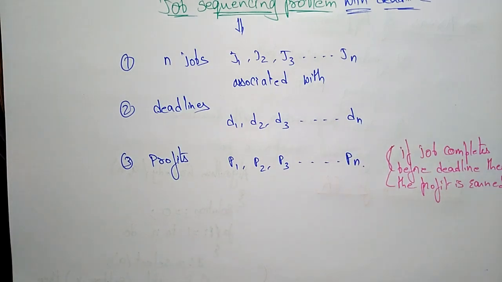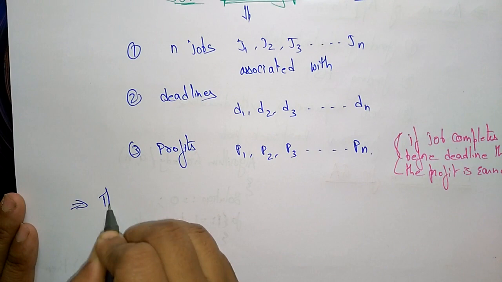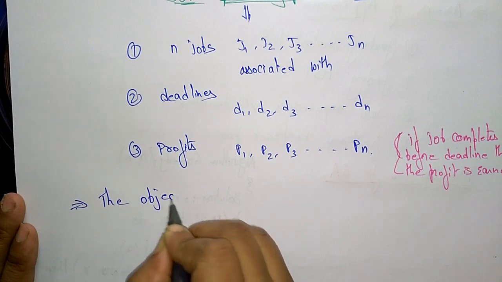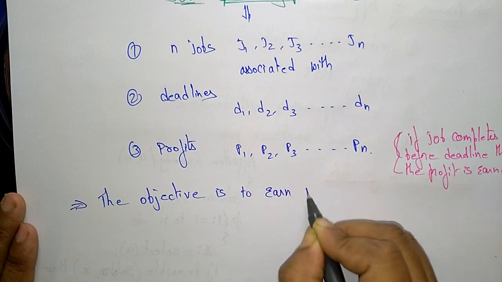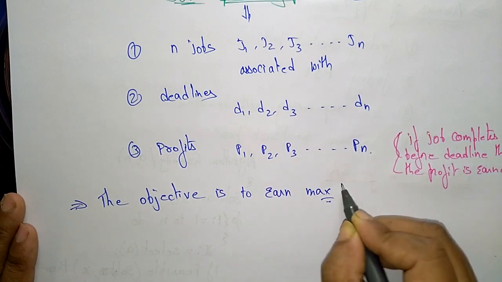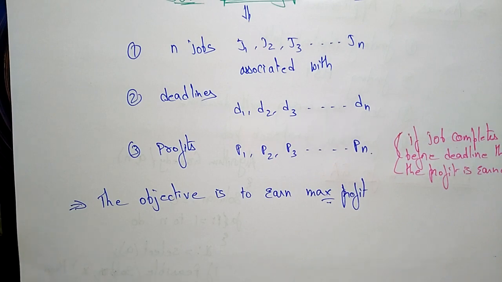What is the main objective of this job sequencing problem? The objective is to earn maximum profit. Whatever work we are doing, we are thinking about the profits only.